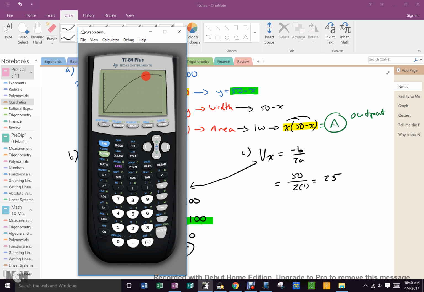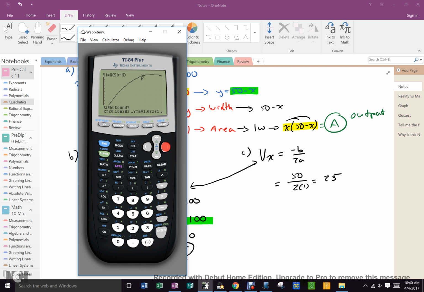So, now can I do this? We know what it's going to be, yeah? We know that it's going to be 25 for x because of what we did. So, second, calc, what do I want here? Maximum. Now, I'm going to show you guys something here. I got to tap it a million times. You guys are probably already there.